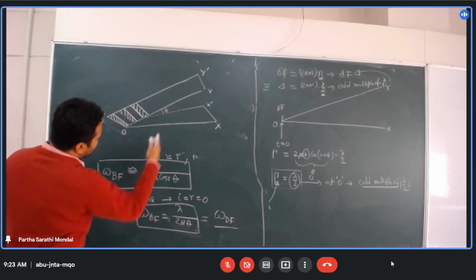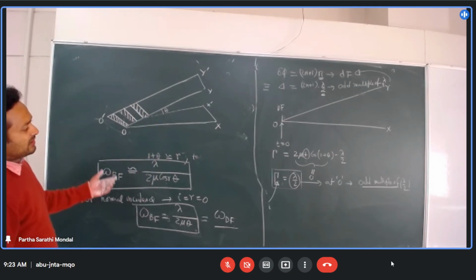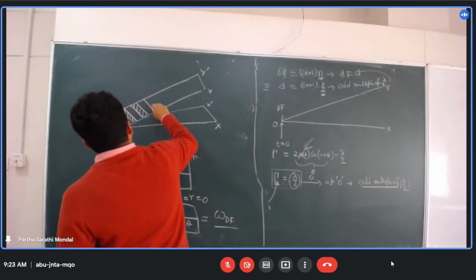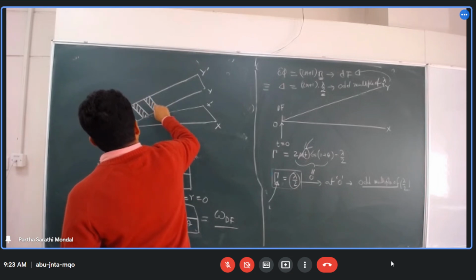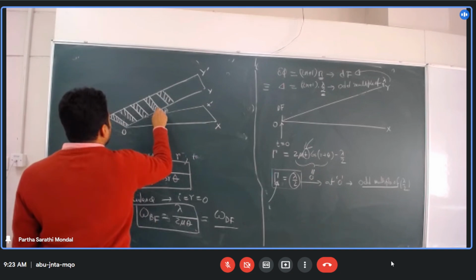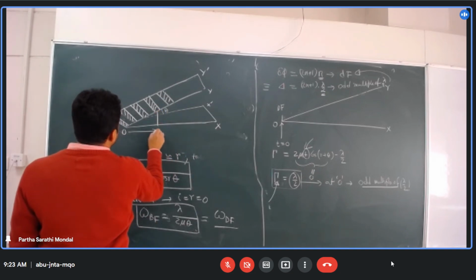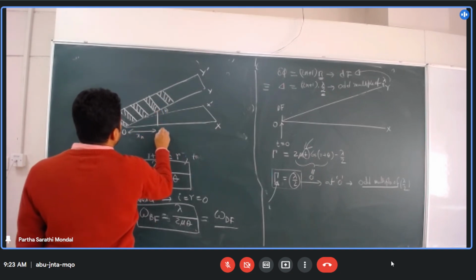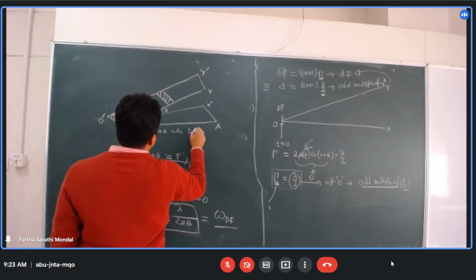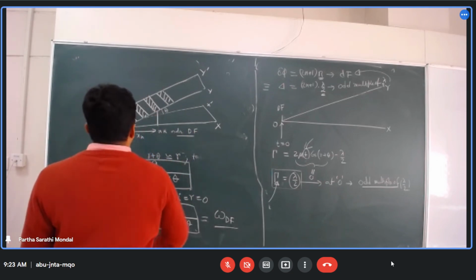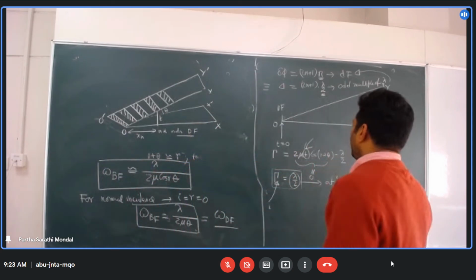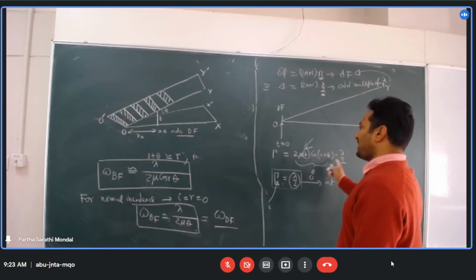Since the t is changing, gradually it will change if I move from here to here. So what we did, we took a point at distance x where the nth order dark fringe or bright fringe is, okay, and t is the thickness. So for a particular thickness, it will satisfy bright or dark.